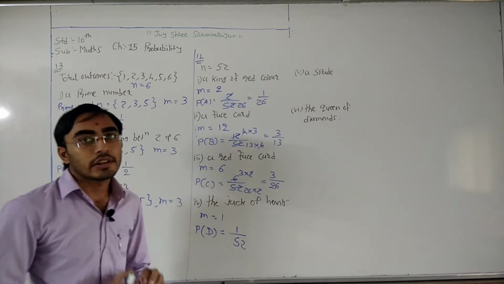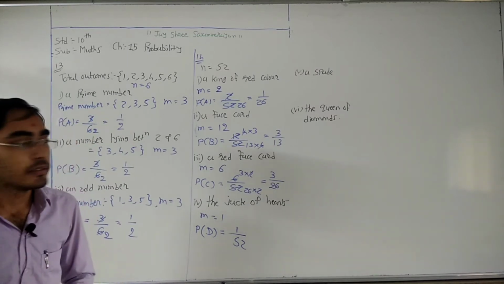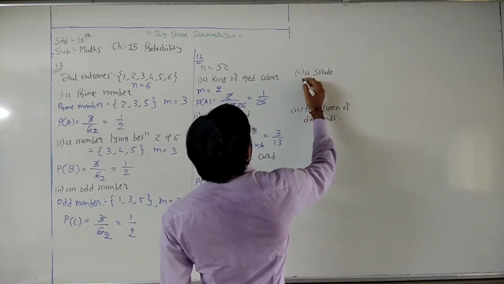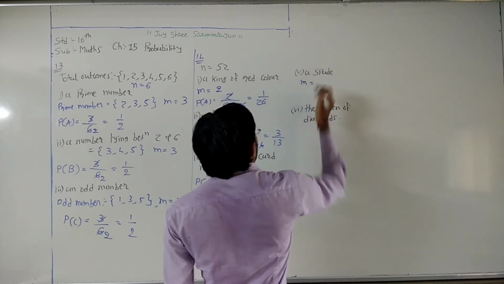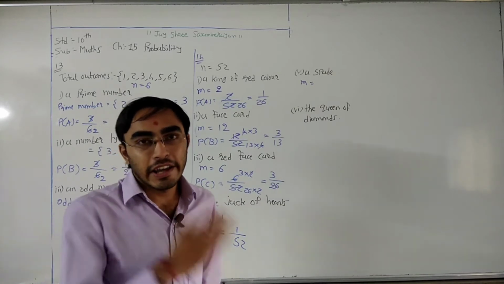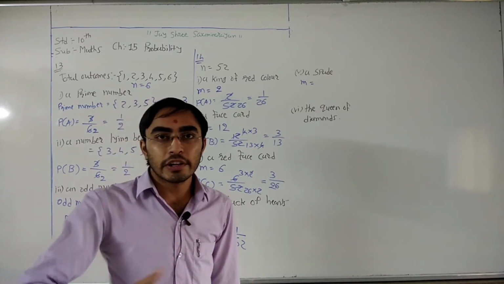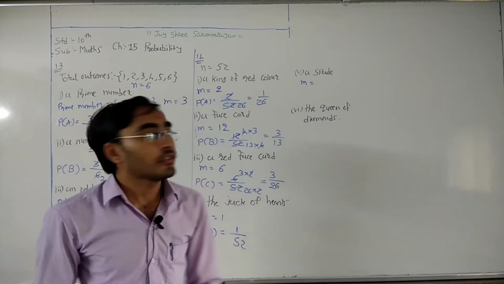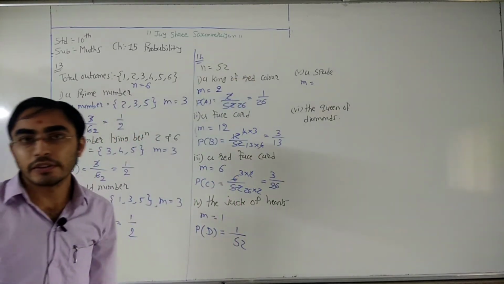Okay, after that, question number 5, spade. So total how many spades do we have? In spade we have 13 cards, right? As 2, 3, 4, 5, 6, 7, 8, 9, 10, jack, queen and king. So total 13 cards we have of spade pattern.